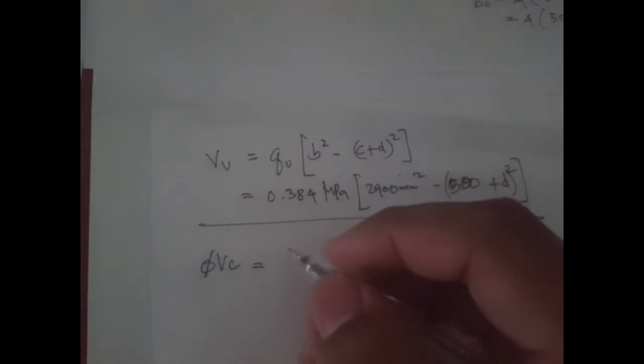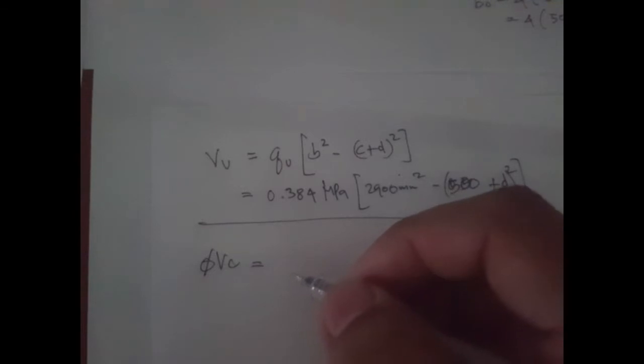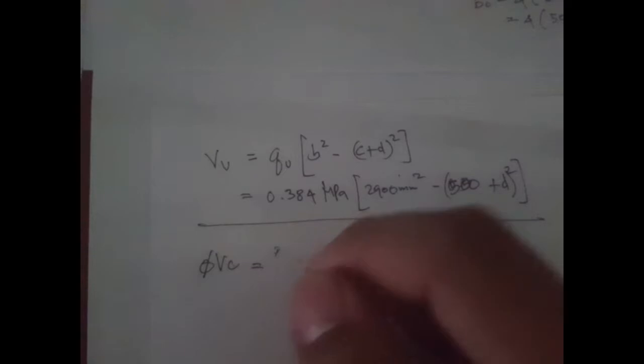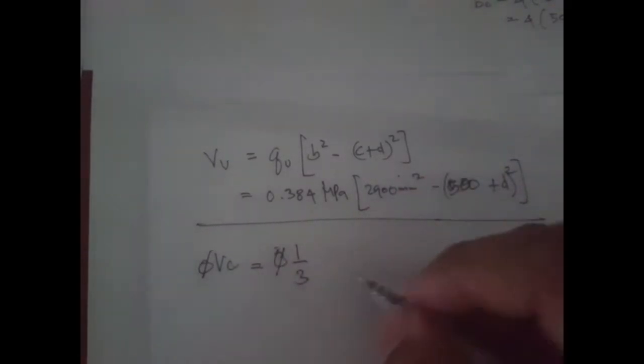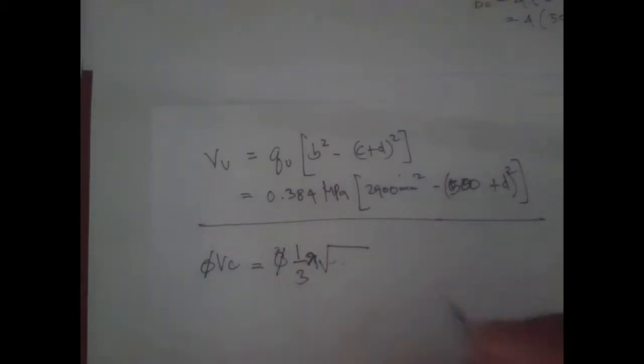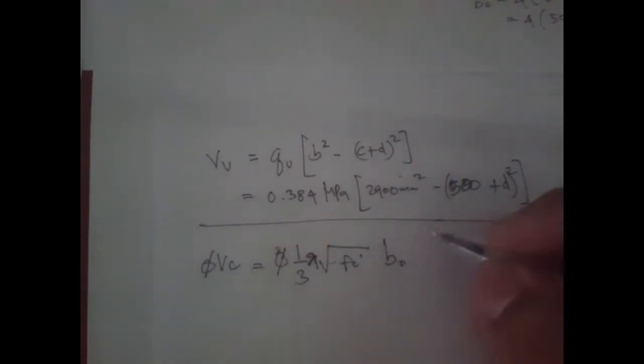And now if we solve for the shear capacity of concrete, we actually have 3 conditions. Remember that we have 3 conditions, except the one probably governing in this problem is the third one. So we'll just use directly phi times 1/3 times lambda, the concrete modification factor, times the square root of fc prime times the perimeter at the critical section times d.